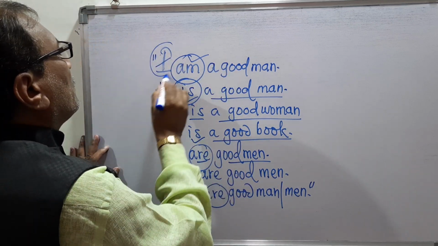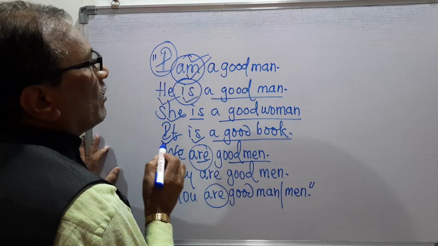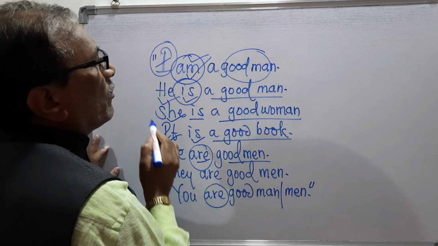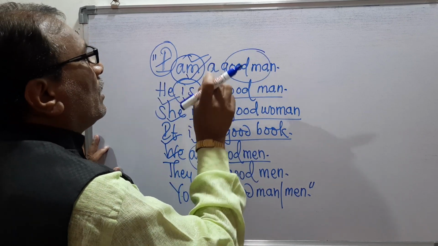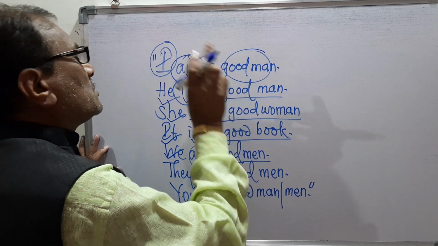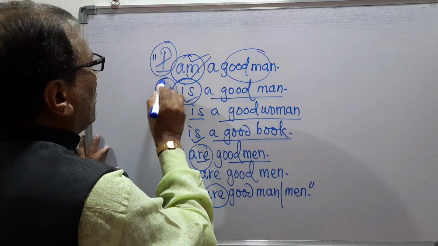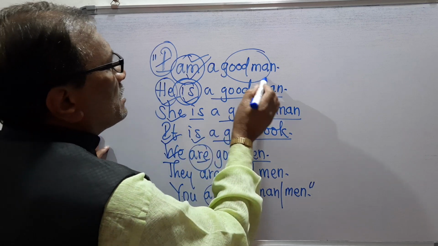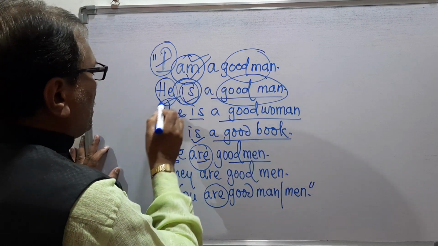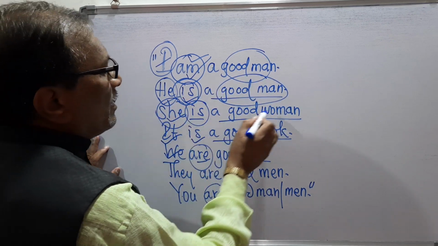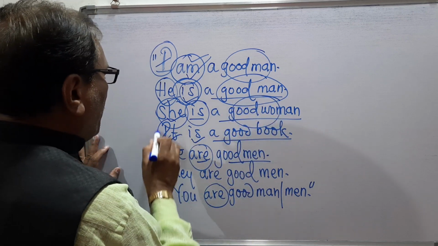So this is singular, and the verb is singular. Singular means only one. She is singular, it is singular.